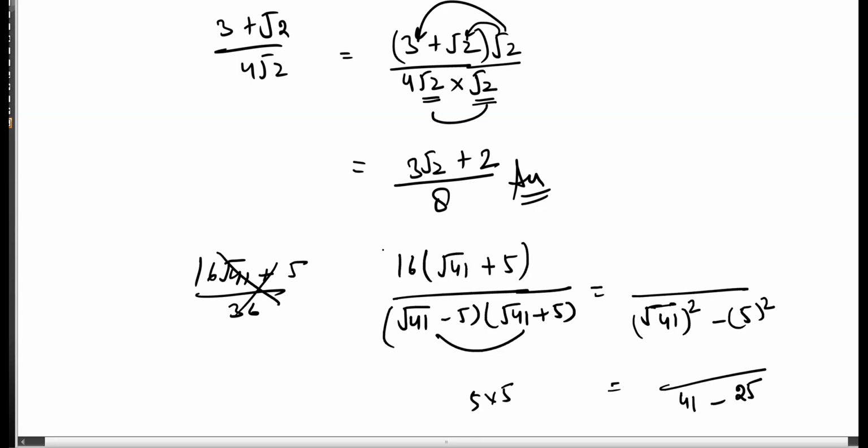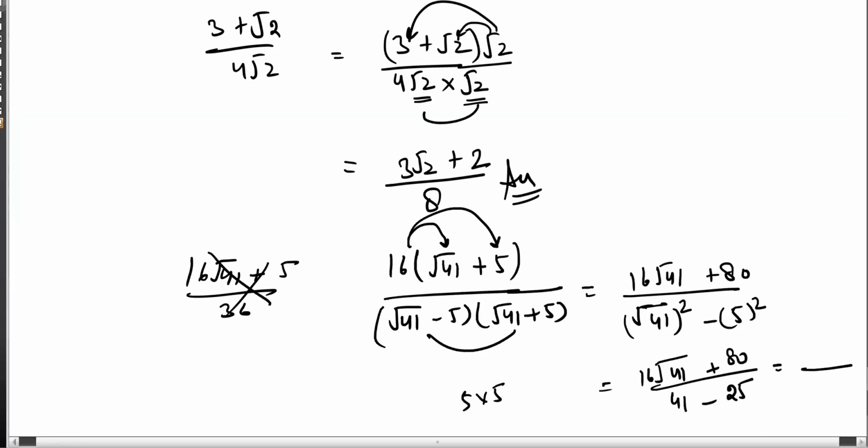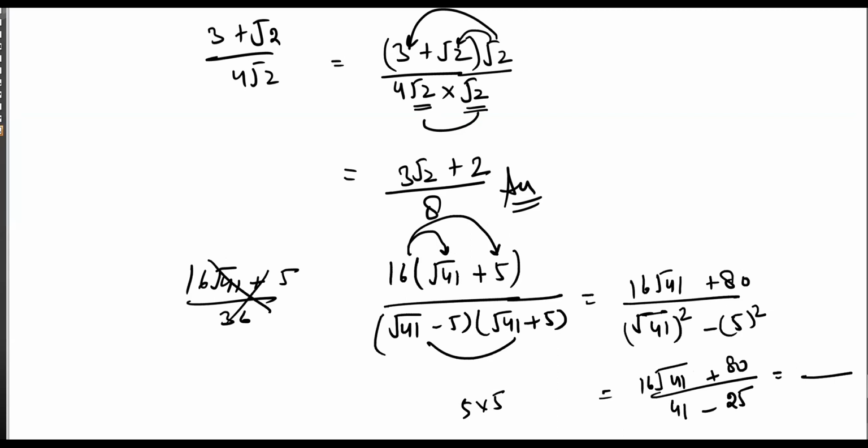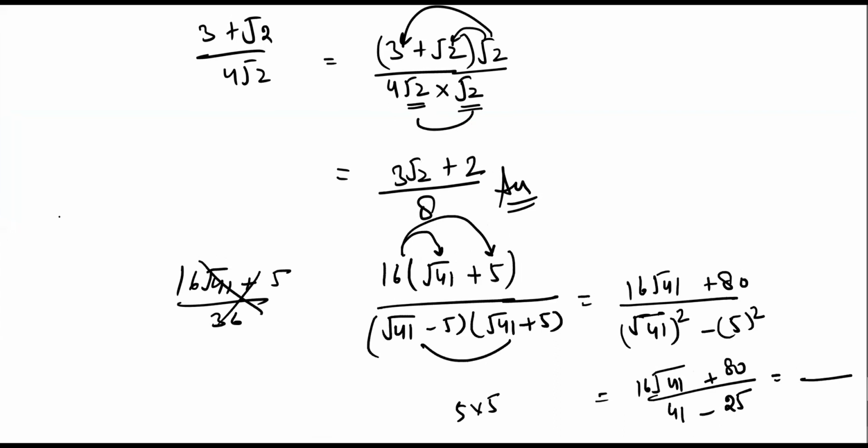And another mistake you have done, that you have multiplied this one and got 16 root 41, but you have not multiplied this one with this one. You will get plus 16 5s are 80. Got it? So here are the two silly mistakes that you have done. Got it?